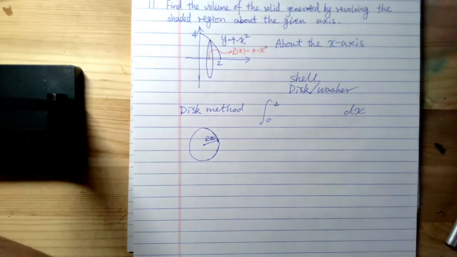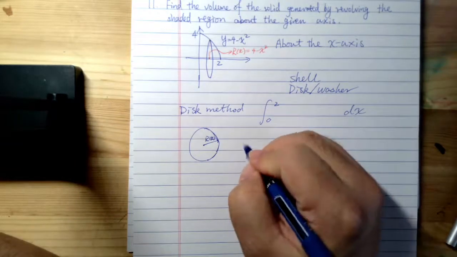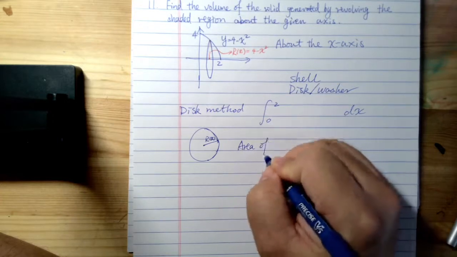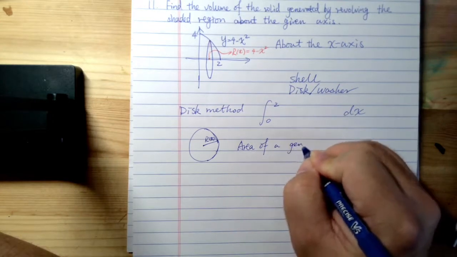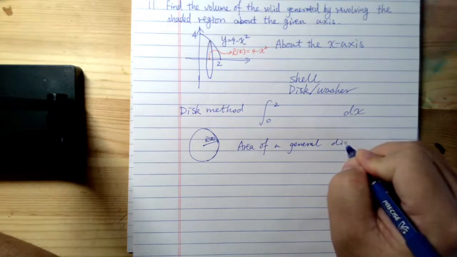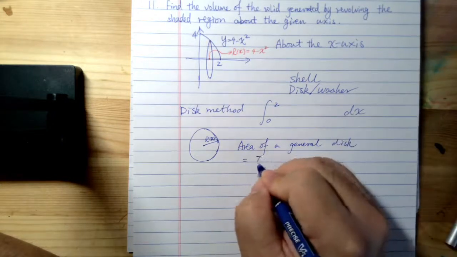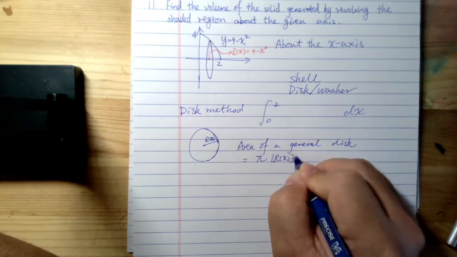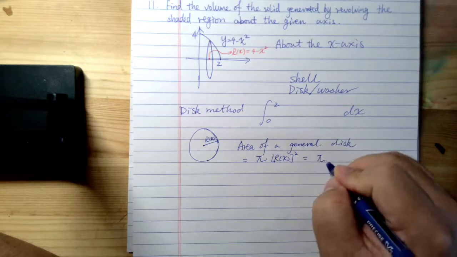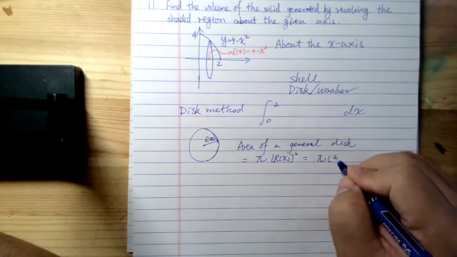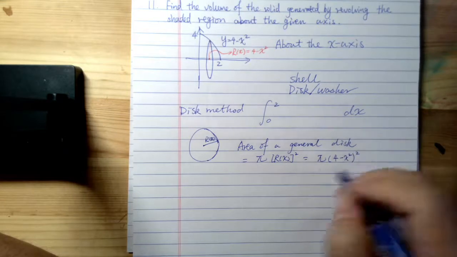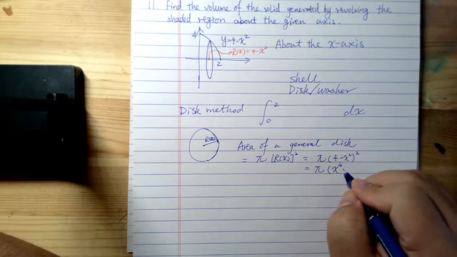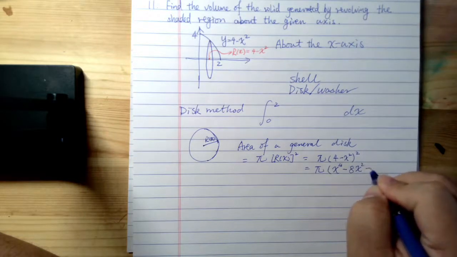Okay, so with that in mind, we can see that the area of a general disk is going to be pi times capital R of x squared, which in our problem is pi times 4 minus x squared, then squared. If we expand that, it's going to be pi times x to the power of 4 minus 8x squared plus 16.